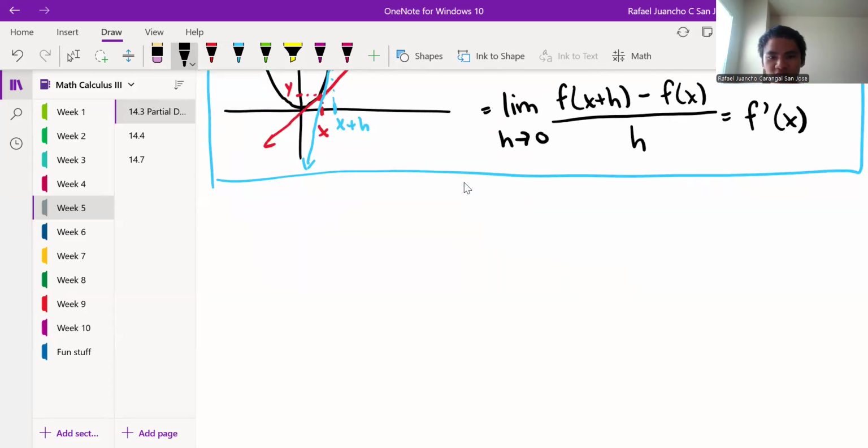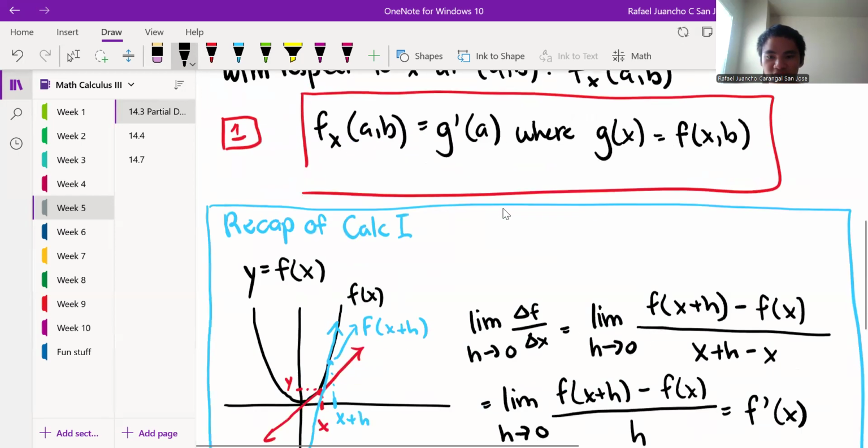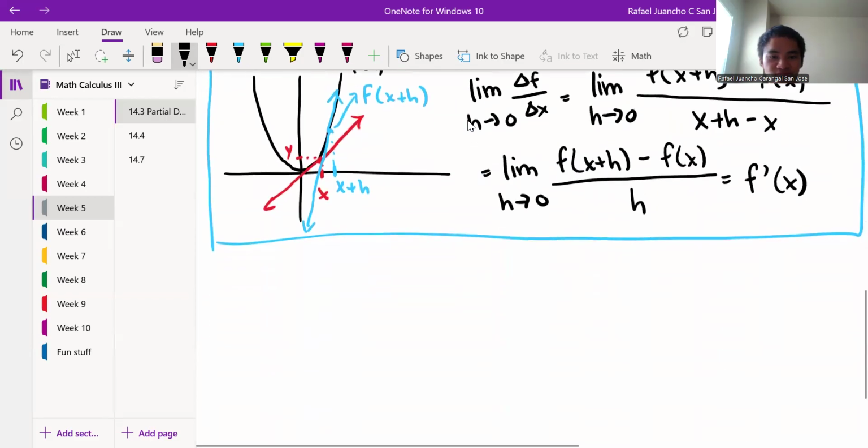Now, if we do partial derivatives, now if we look at our previous discussion here, by the definition of derivative, that's the limit definition.